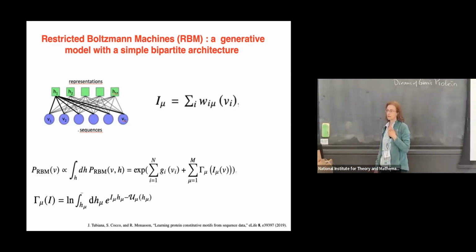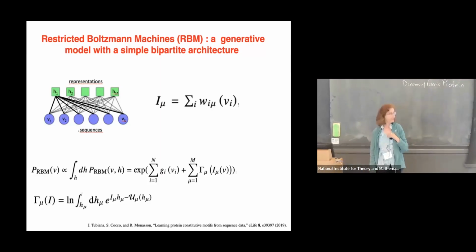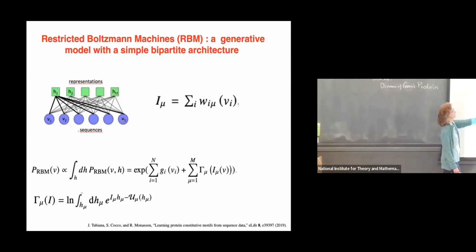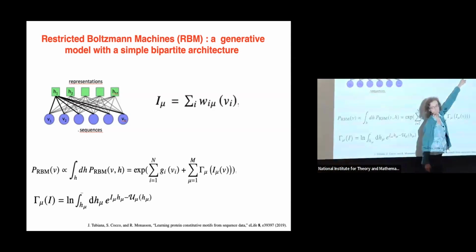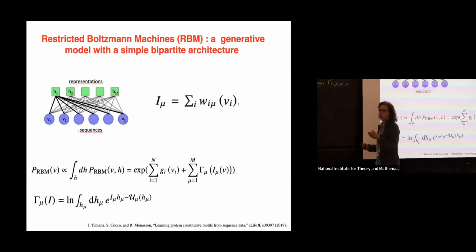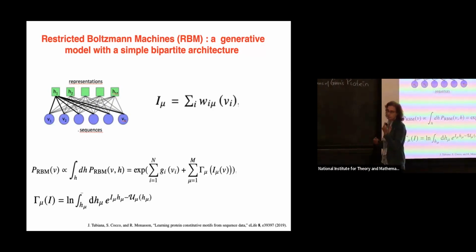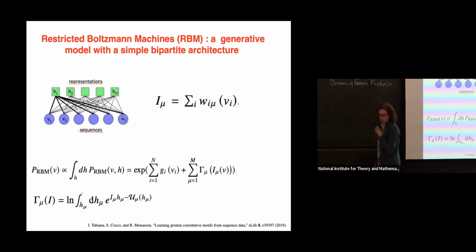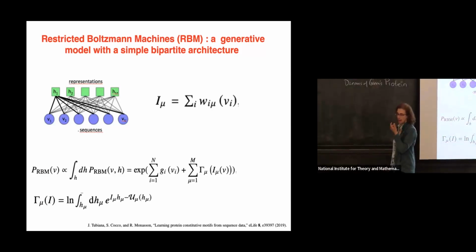Okay? It's linear. It's a function in this case because these are Potts units, so it can take 20 values. So for each of these values, you have one projection. For binary units, it will be different.